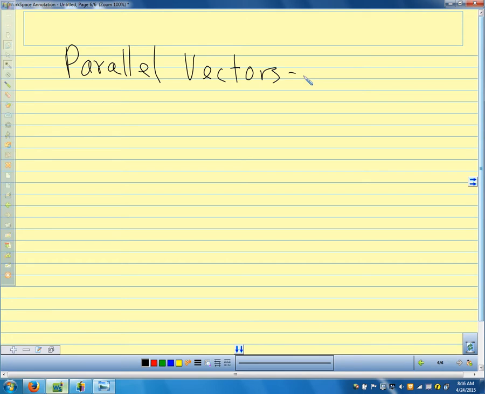You remember how to tell if vectors are parallel? There's a really easy way to tell if vectors are parallel. One is a scalar multiple of the other.